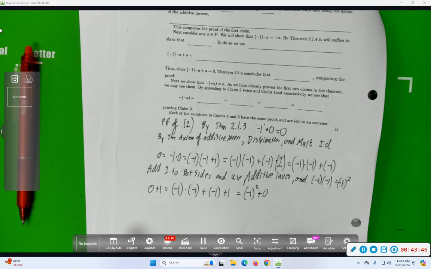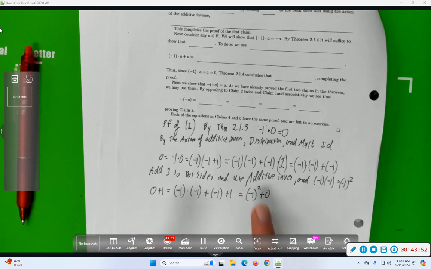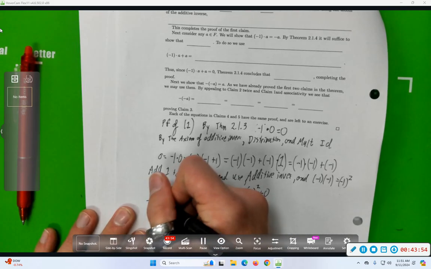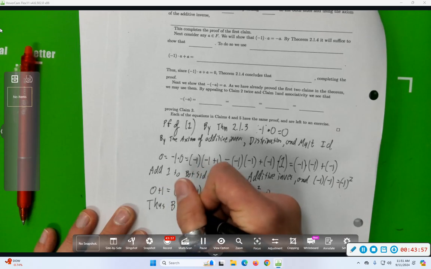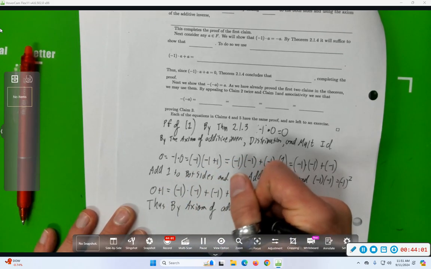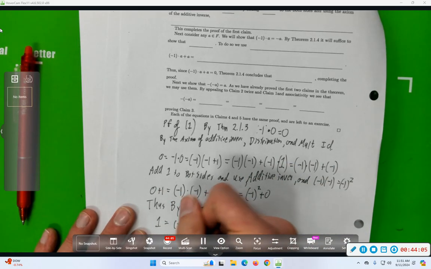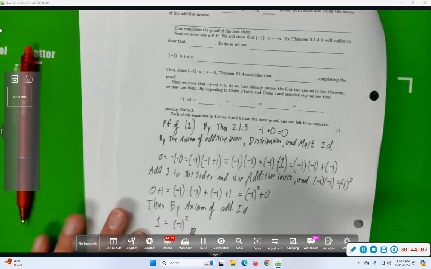All right, so we're getting closer. So why should this imply that -1 squared is equal to 1? Additive identity. Thus, by the axiom of additive identity, 1 equals -1 squared, and we're done.